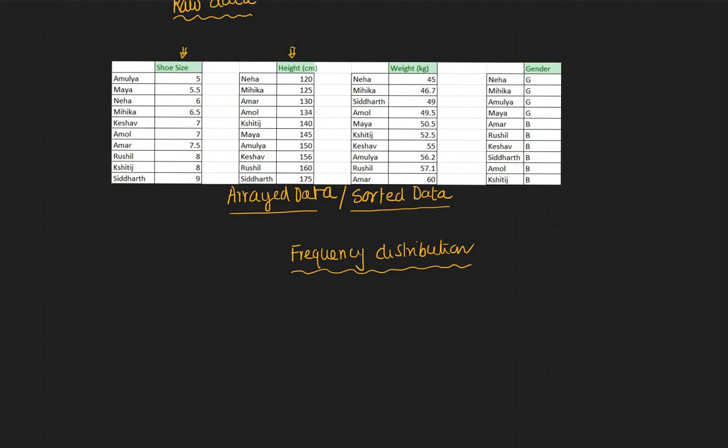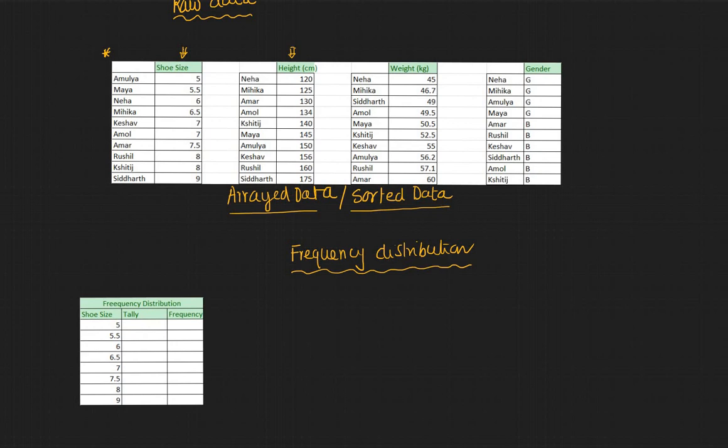So let's take the previous data set and see how we can do the frequency distribution.